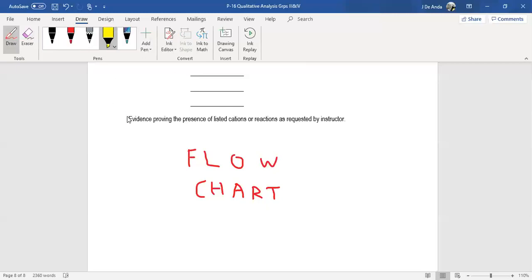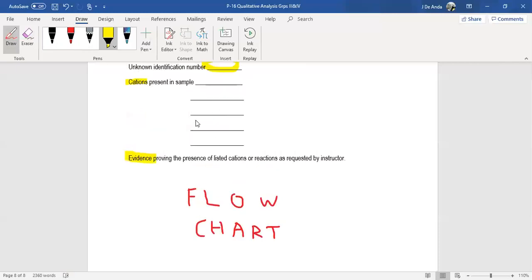In any case, it's very important always: you need to provide a rationale for the choices you made here, okay? So either a flowchart, which clearly indicates the steps and how you determined that a particular ion was present or not, or just writing it out in words.